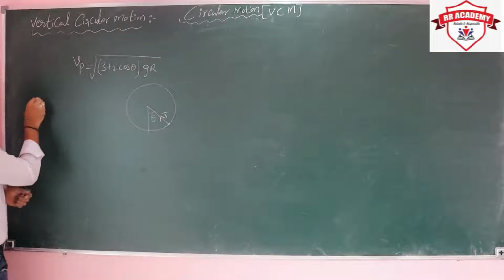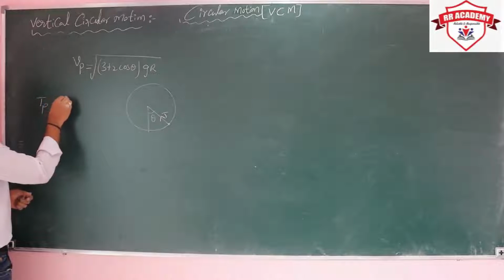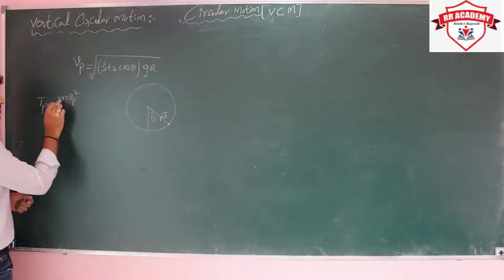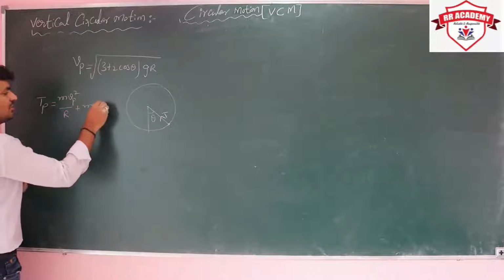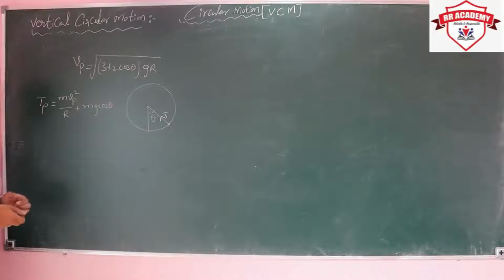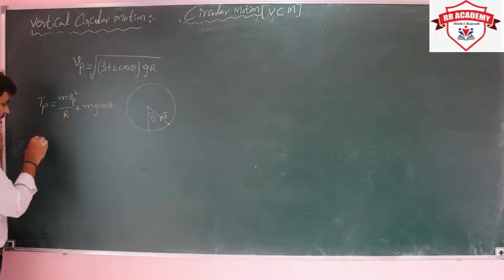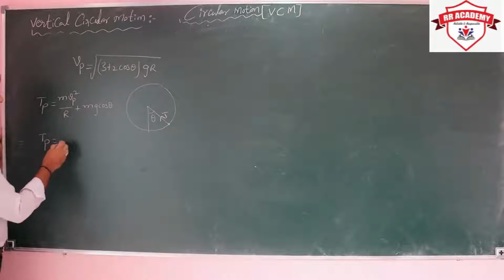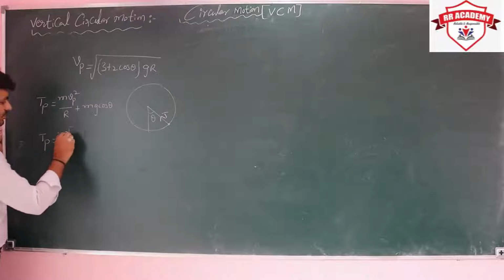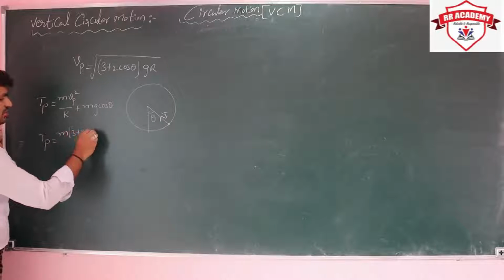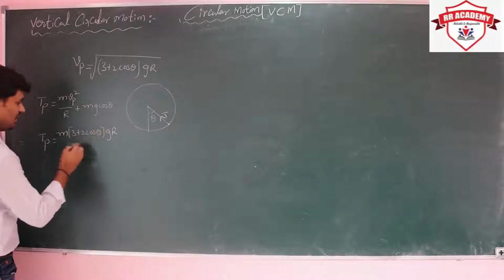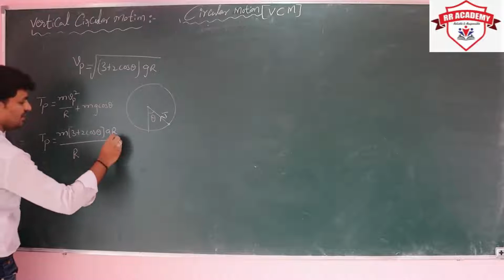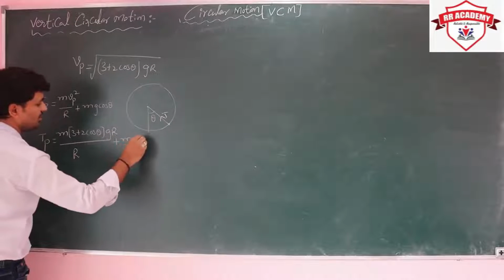We know the tension at that point can be expressed as mvp square upon r plus mg cos theta. Put in the value of vp square, which is (3 plus 2 cos theta) gr. The tension at that point is m times (3 plus 2 cos theta) gr by r plus mg cos theta.